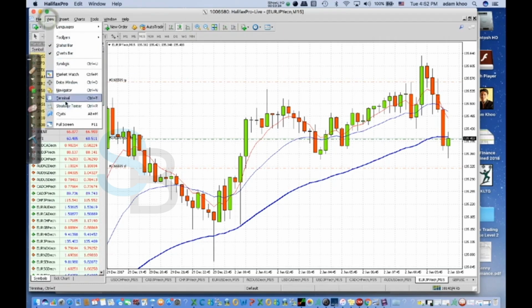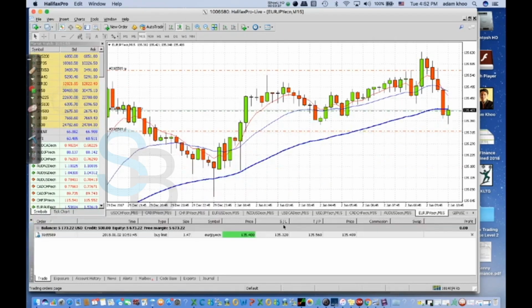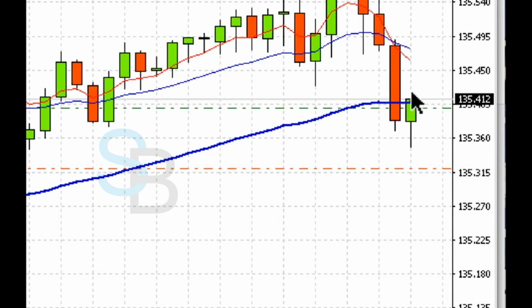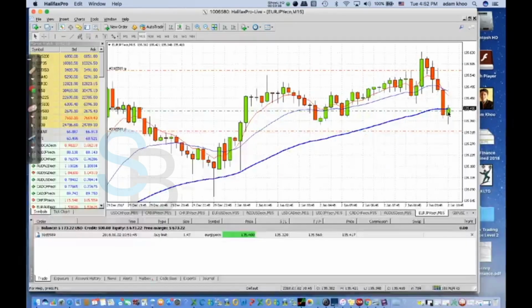Let's see, have we been filled on the trade? We are not filled yet because our buy order is at 135.40 and currently it's at 135.409. So it's got to come down slightly to below our buy limit order to be triggered. Once we are triggered, we are anticipating a bounce back up to 135.56.